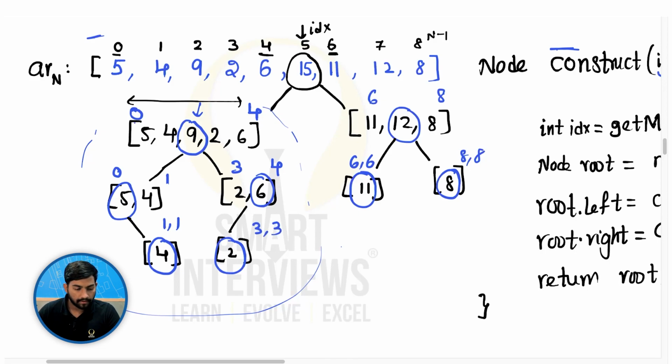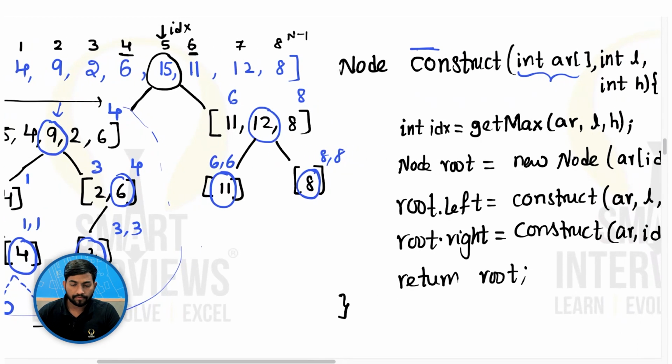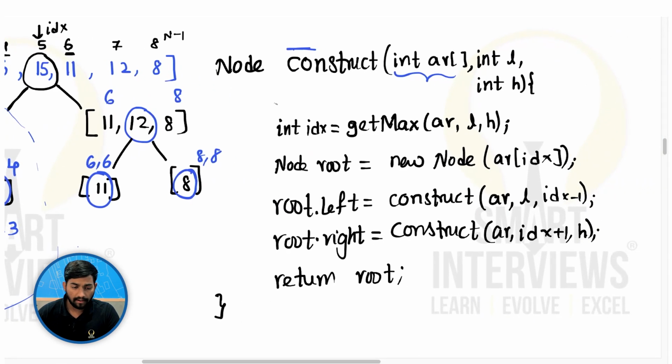But here, if we consider this, low will be 1, high will be 0. If we consider this, low will be 2, high will be 1. So, in both these cases, low is greater than high. So, we should stop if low becomes greater than high.